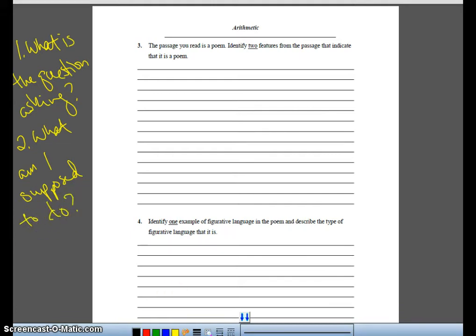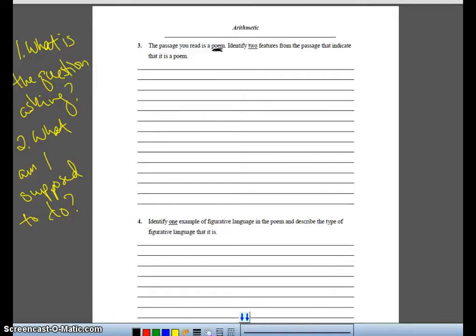Okay, so looking at number 3, it says the passage you read is a poem. Okay, again, this is really important. If you had looked at the passage originally and you didn't recognize it as a poem, this should be to your benefit because there's a specific way that we read a poem that should be different than the way that we read, say, a nonfiction piece or a story.